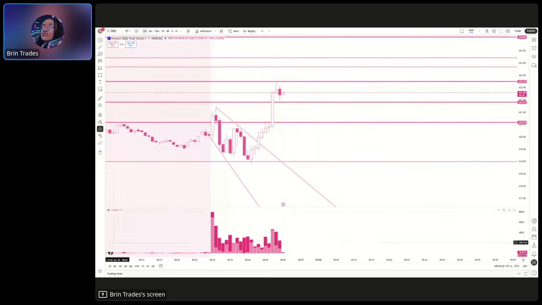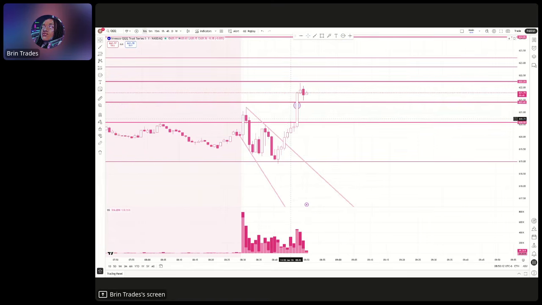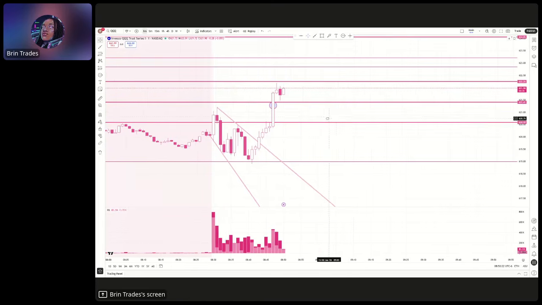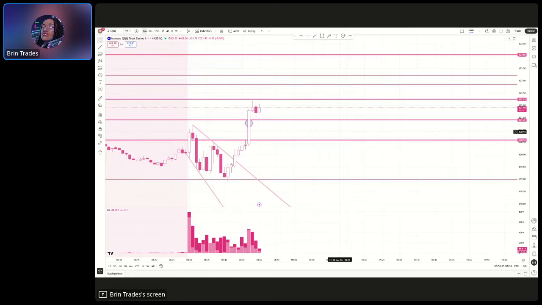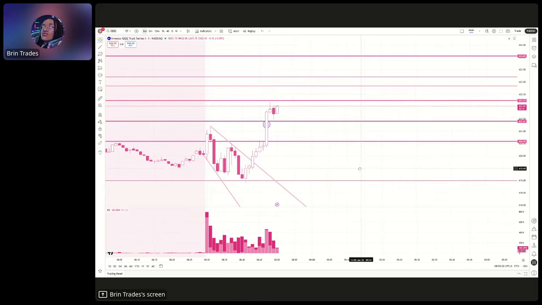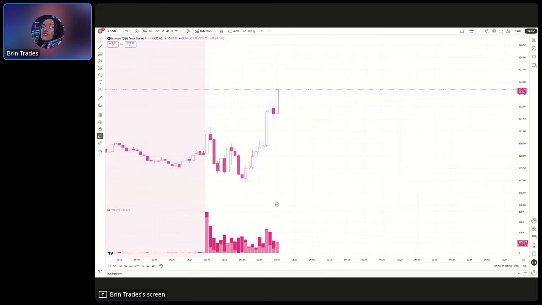So I got in around, honestly, I don't even know where I got in. Pretty sure I got in around when price came above here. Contracts are up 56%.